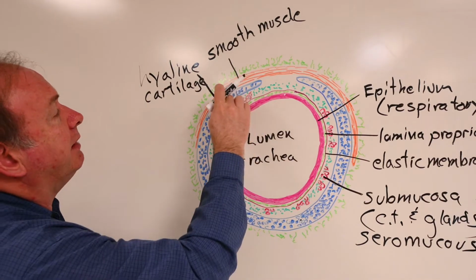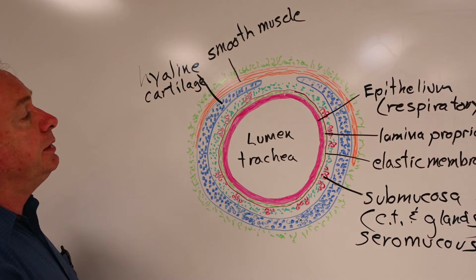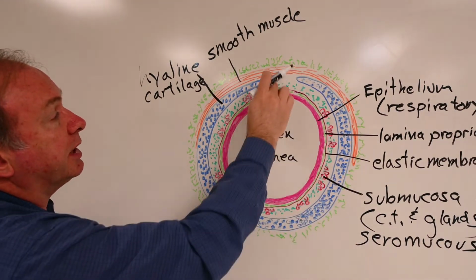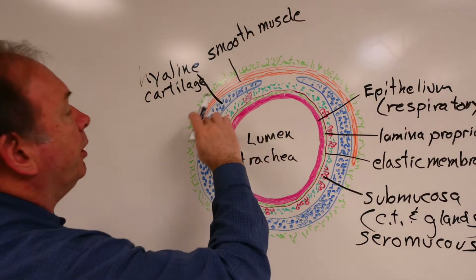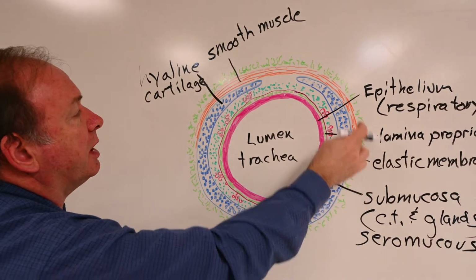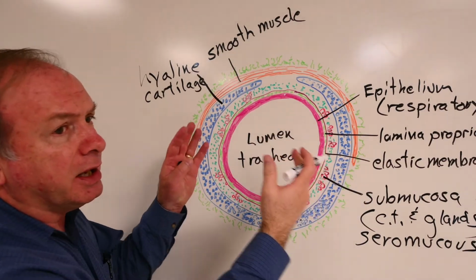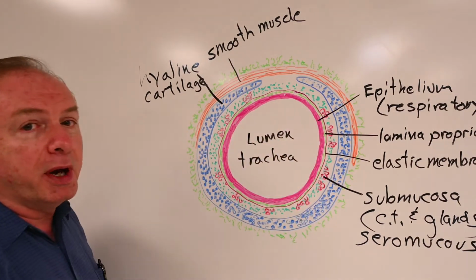But here we have a cartilage smooth muscle layer, with both of those elements in there. Remember, the cartilage doesn't come together at the very back of the trachea, but the smooth muscle bridges across that gap. This allows the trachea to constrict somewhat or relax and open up more.